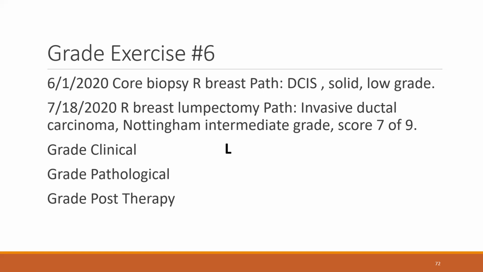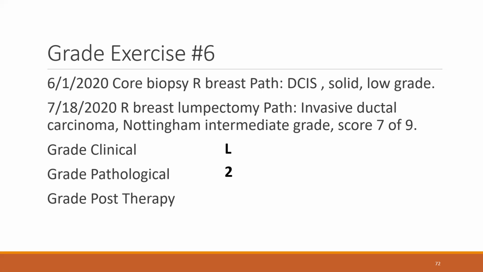This case uses the term intermediate Nottingham, but it also gives you the score. So because the score is there, you can go back and use code 2 for grade path based on the score.